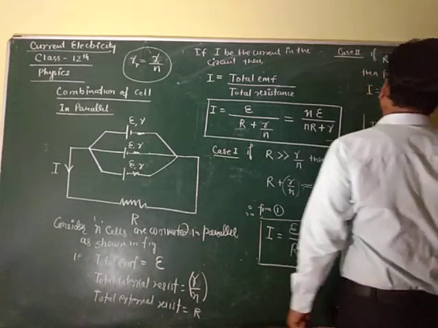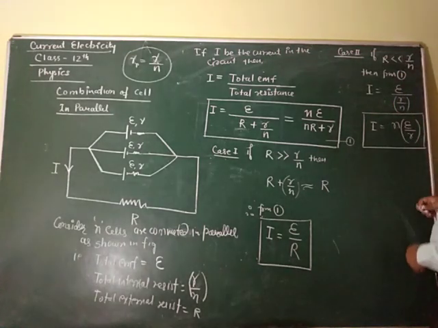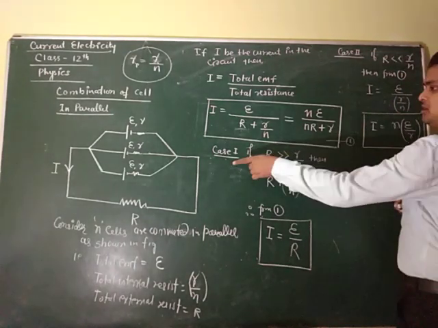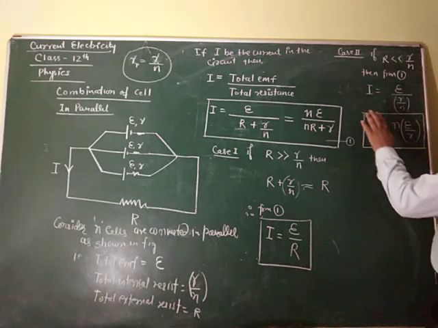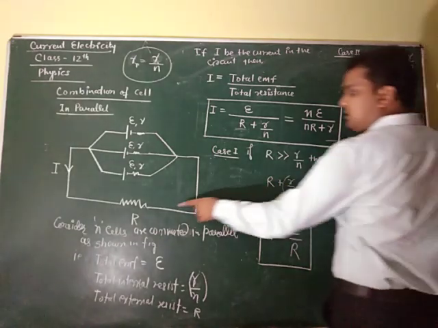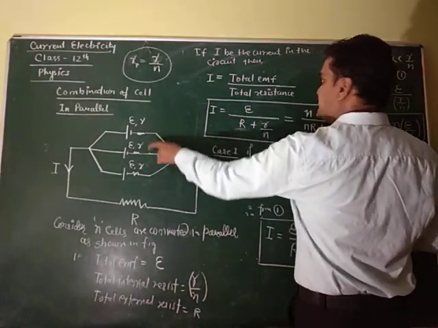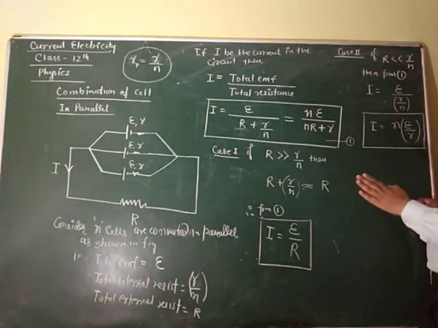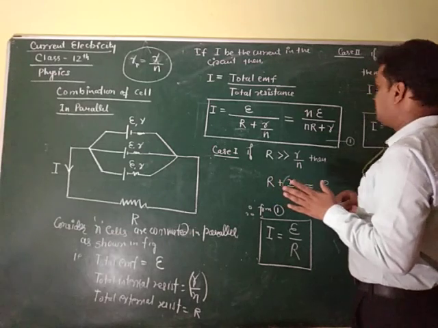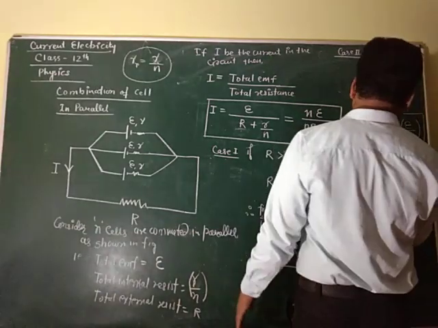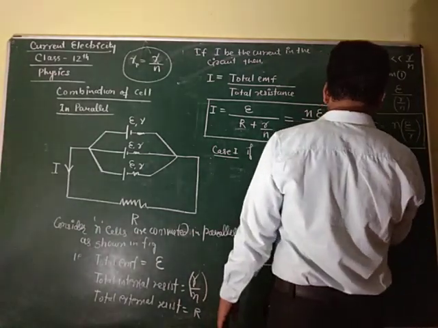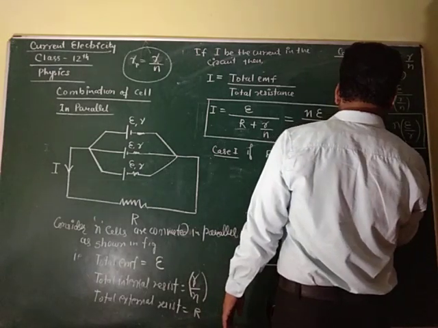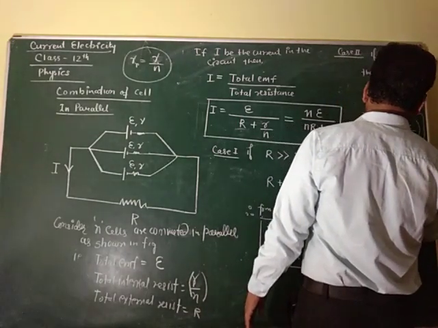Here we are getting N times current. So you can see in the parallel combination, if you want N times current, and we know the internal resistance is greater, then we have to add all the cells in parallel, otherwise in series, as we have done earlier. Okay, so here current is N times.